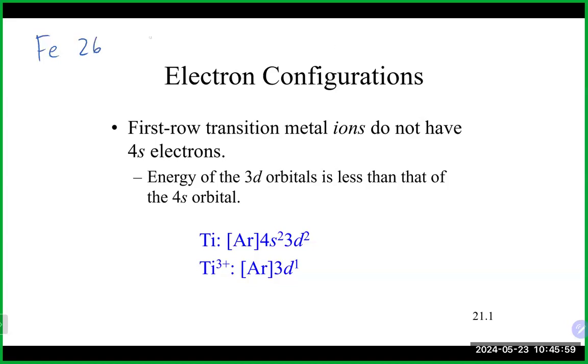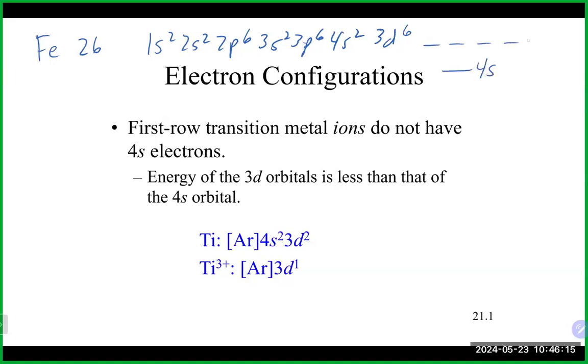Its electron configuration is 1s2, 2s2, 2p6, 3s2, 3p6, 4s2, and 3d6. So if we look at how the electrons go into iron here, they do go in like this, and then obviously we fill up our d's with some electrons. Now, as this happens, we do get this switch in the energy level here.